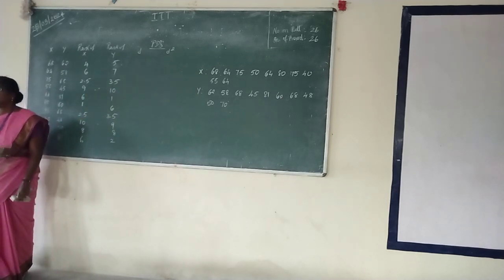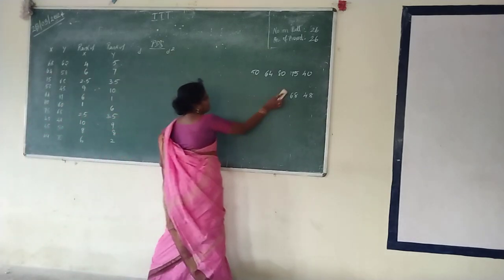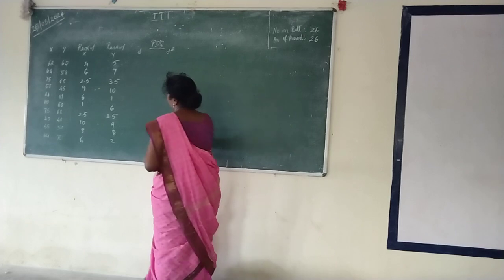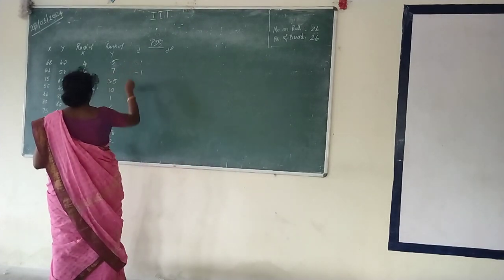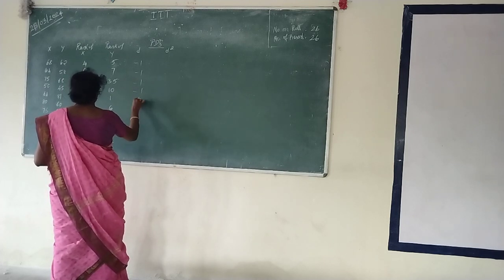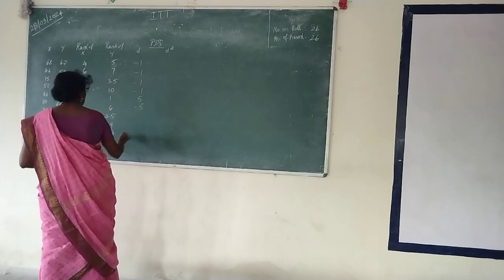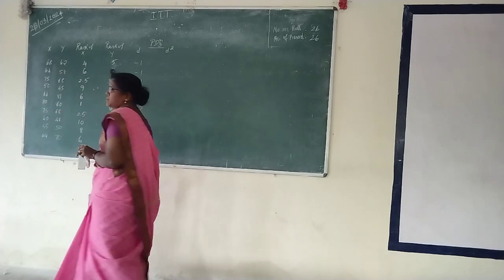Can you understand? Find the d value quickly. Tell me the d value. Minus 1, minus 1, minus 1, minus 1, 5, minus 5, minus 1, 1, 0, 4.